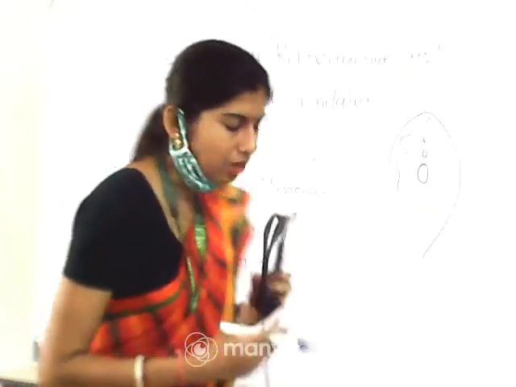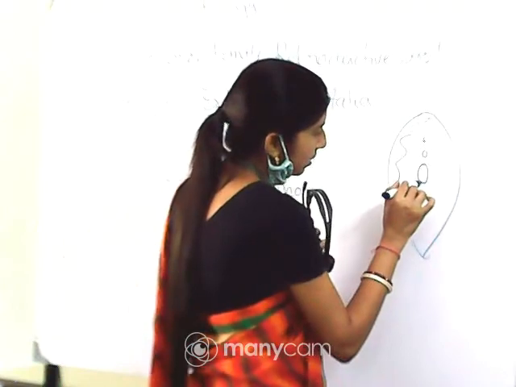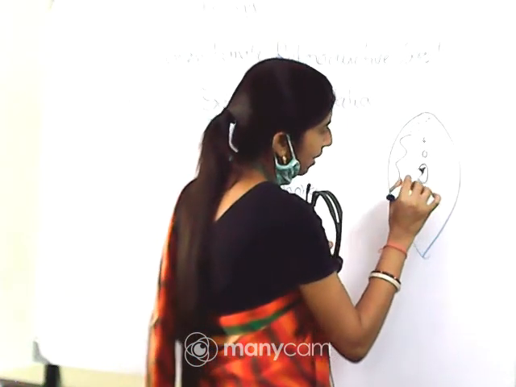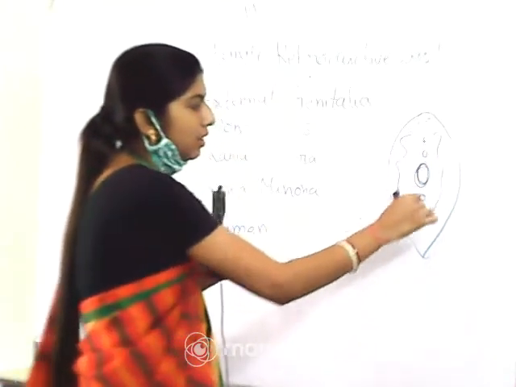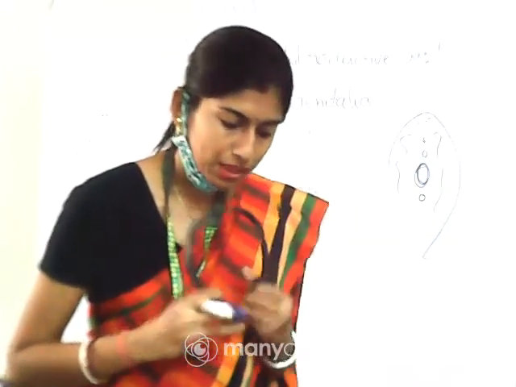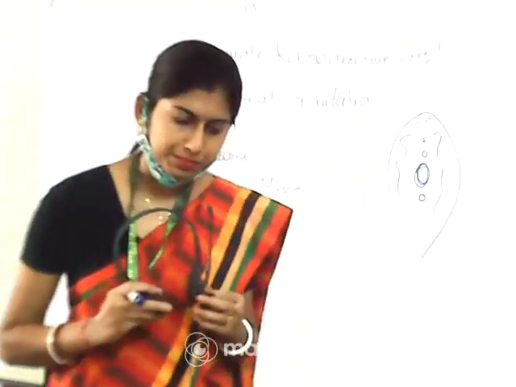If this one is the anus and this one is the vaginal opening, the folds will surround the vaginal opening. So I am repeating, the labia majora are fleshy folded tissue which extend down from the mons pubis and surround the vaginal opening.